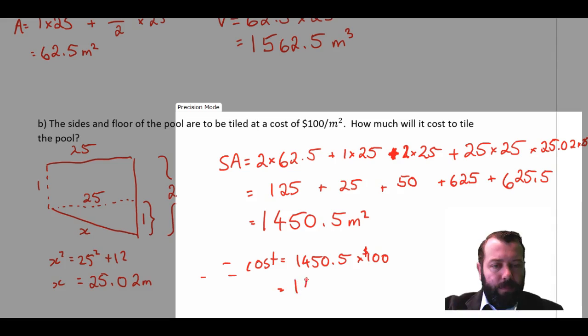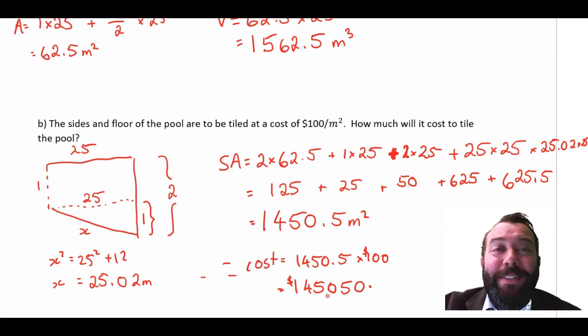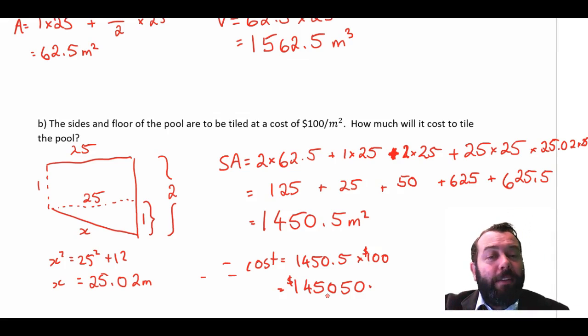So that is $145,050. That's quite a lot. $100 a square meter. Maybe that's what it costs. Maybe it's not. Who knows? But that's how we answer this question.